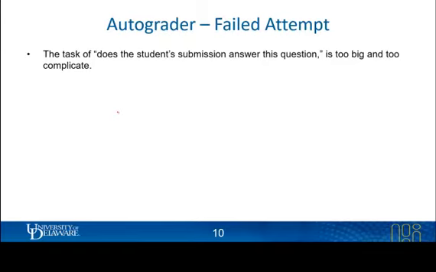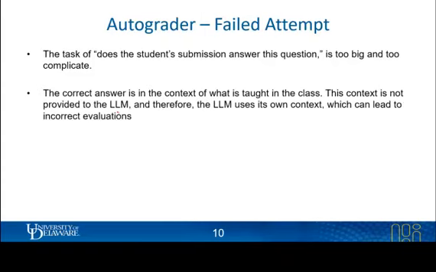So the reason, I believe, is that this task of grading a problem, just saying did the student get it right, is very big, and it's quite complicated. The main complication is the idea of context. We want the student to give the correct answer in the context of what is taught in the class, right? And the LLM has so much other context from all of its training data.